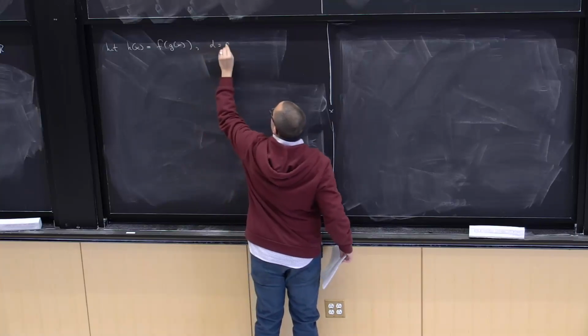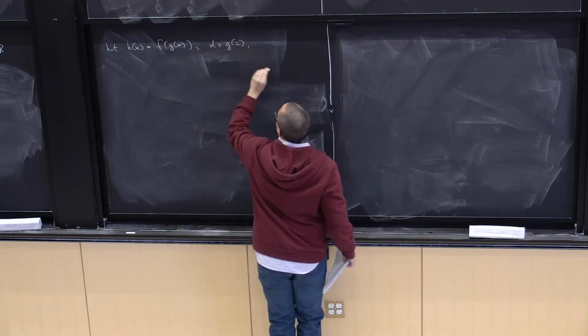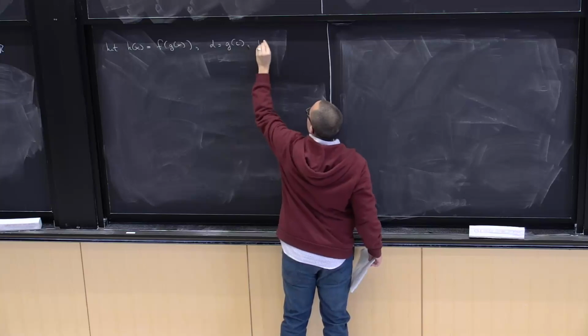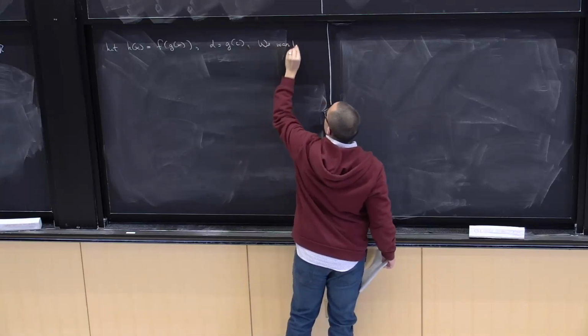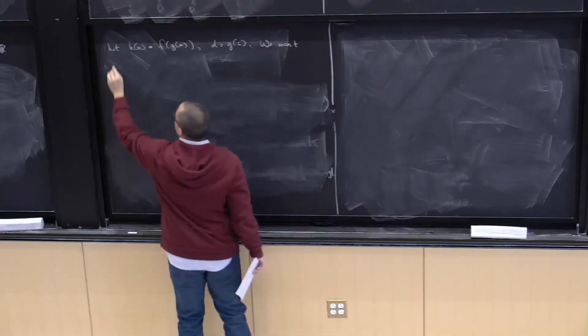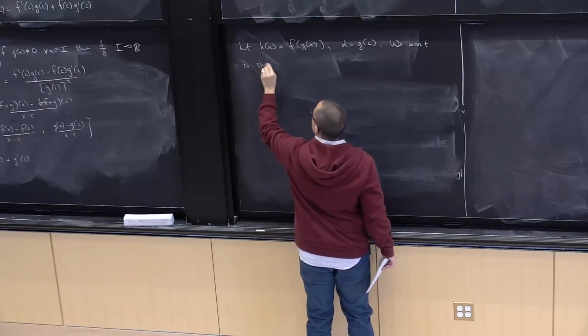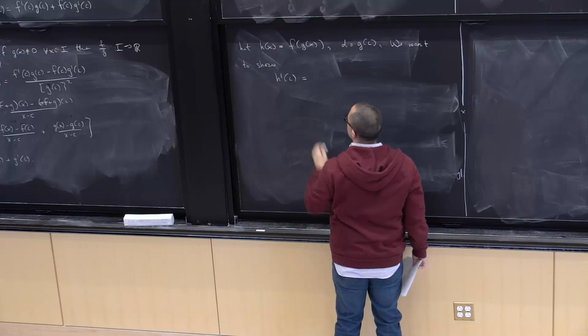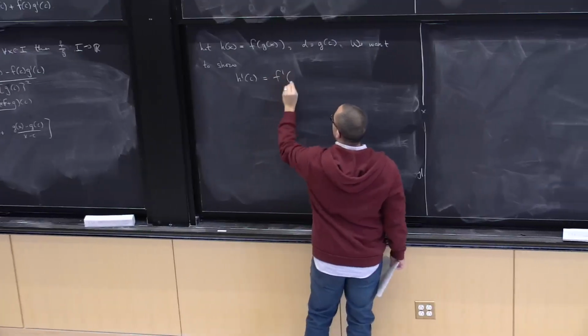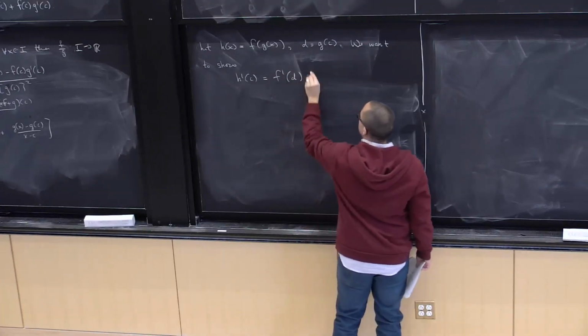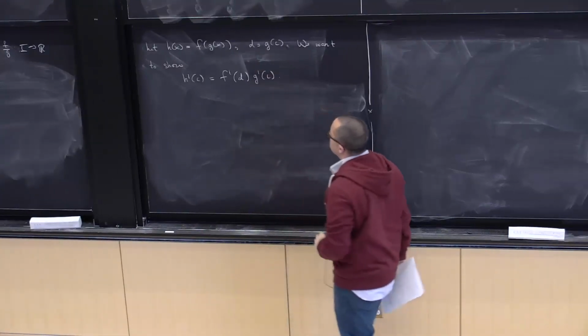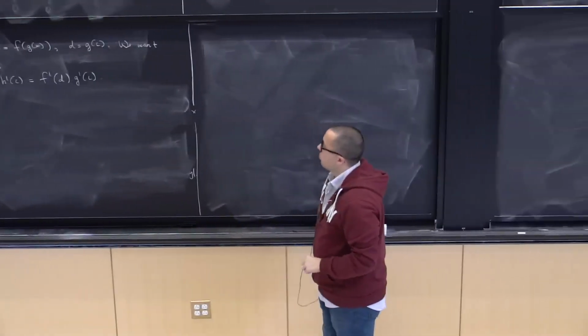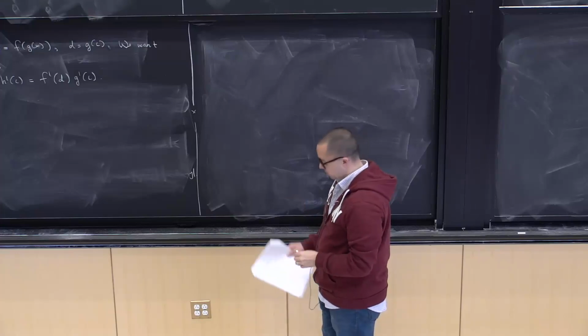Let's call d the point g of c. So we want to show then that h prime of c exists, and it's equal to f prime of d times g prime of c. Just in this notation I've set up.